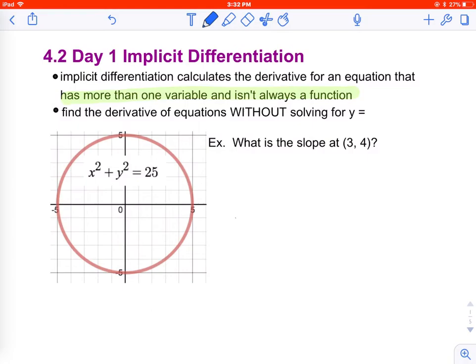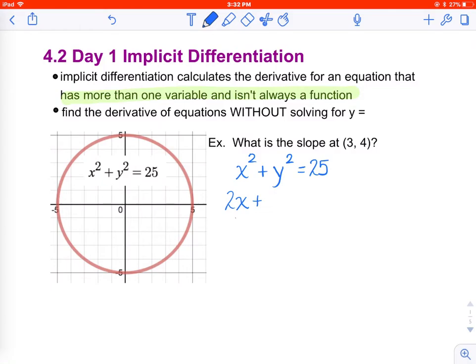What that's going to mean every time that there's a y term is that I'm going to have to think about chain rule. So as I start to take the equation that was given to me, and if I'm always doing my derivatives with respect to x, as we are, then when I take the derivative of 2x squared, that'll be 2x like it always has, times 1 for chain rule, if you want to think about that.